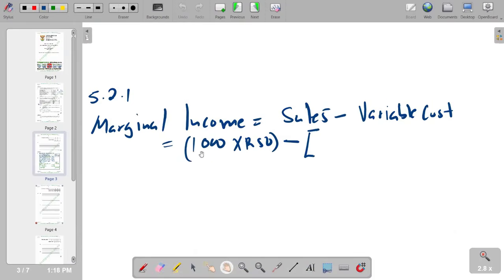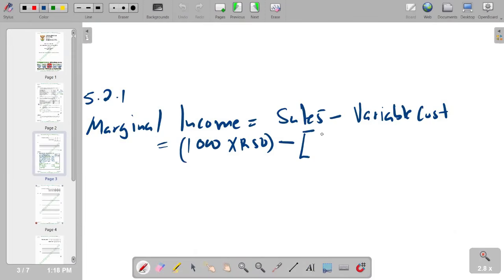Whereby we are saying 8,000, and then we add the 9,500, and then we add the other variable cost that we have in the question.